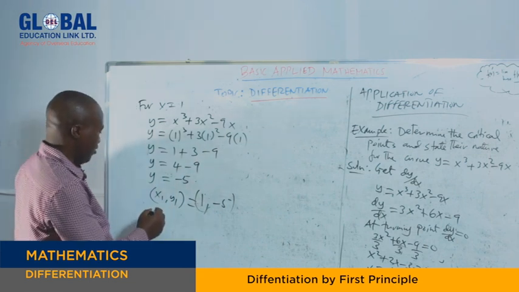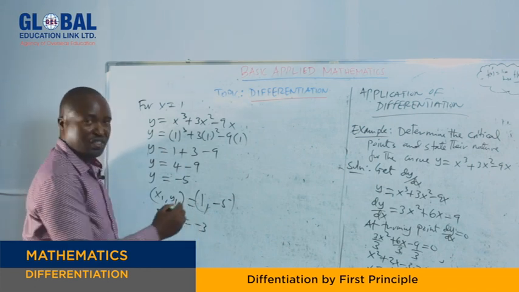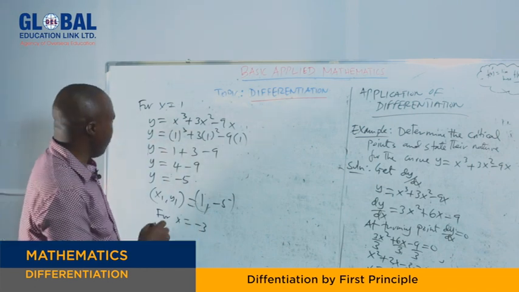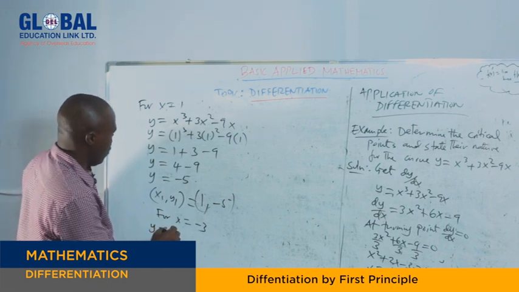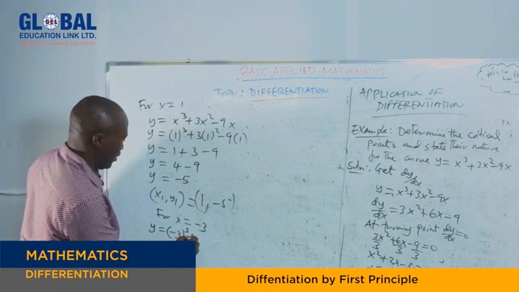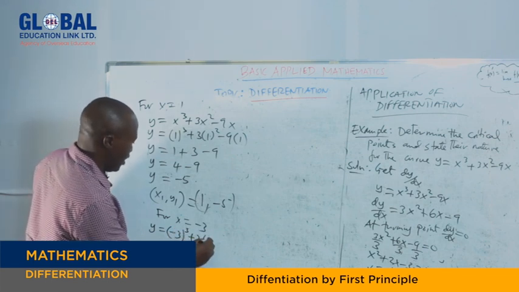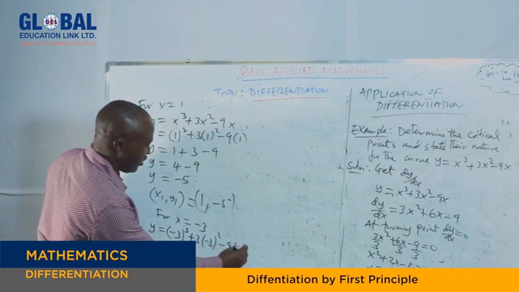So again, for x is equal to negative 3, we are going to have y is equal to negative 3 cubed plus 3 times negative 3 squared minus 9 times negative 3.